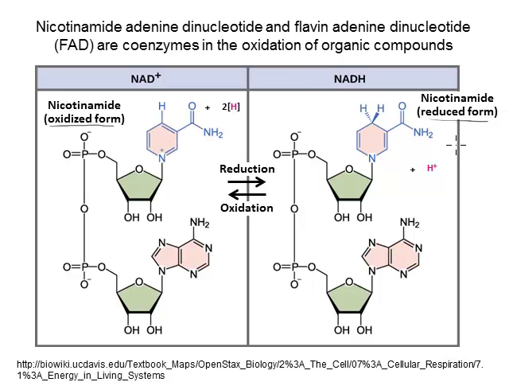Now remember that a more reduced state is associated with more energy, so when NAD is reduced to form NADH, it's actually being raised to a higher energy state. It's holding energy. If the NADH is then oxidized back to NAD, that energy is going to be released, and the cell can capture that energy and use it to do work, in this case to synthesize ATP.